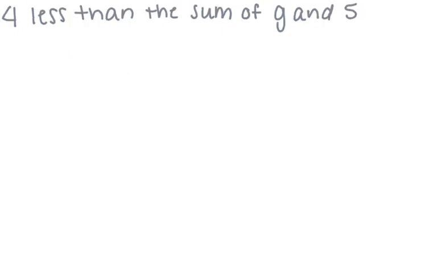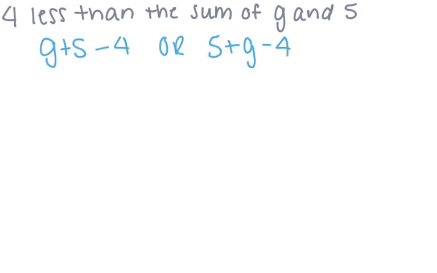And now let's come up with an expression that is going to show 4 less than the sum of G and 5. So we know that less than means we're going to be subtracting 4 from the sum of G and 5. And sum tells us that we're going to be adding G and 5 together.